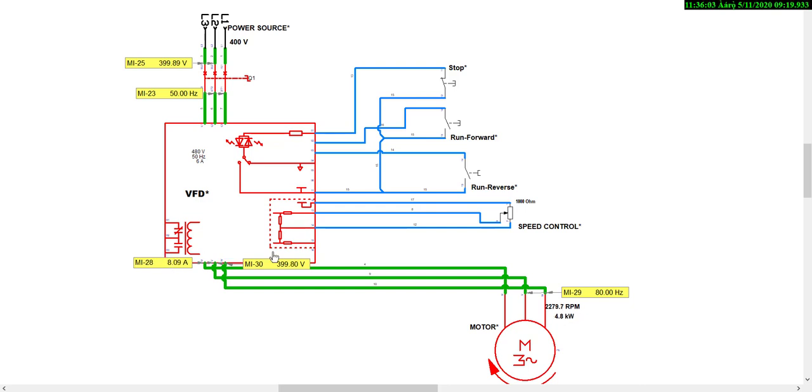And our voltage is 399 volt, and voltage times current, 400 multiplied by 8 in RMS, will give you 2.279, 4.8 kilowatt.